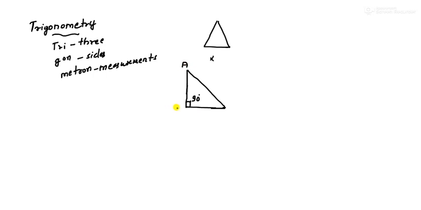If I take the vertices as A, B and C, we call the sides AB, BC, and AC. I hope you know that. We have three angles: angle A, angle B and angle C. B is 90 degrees.